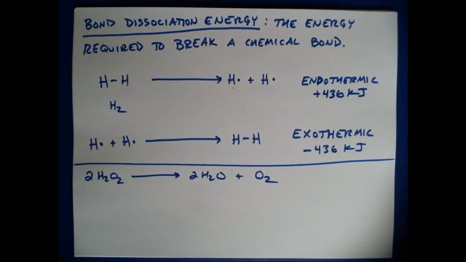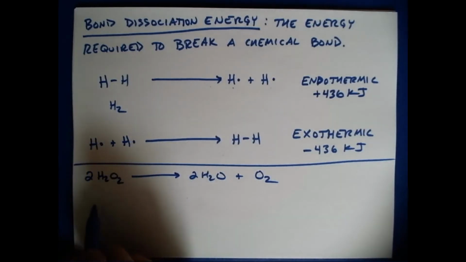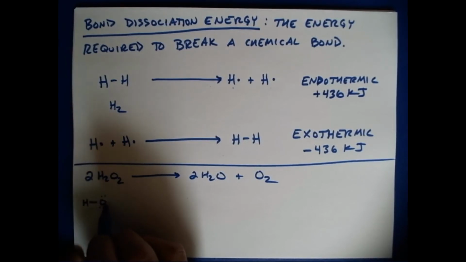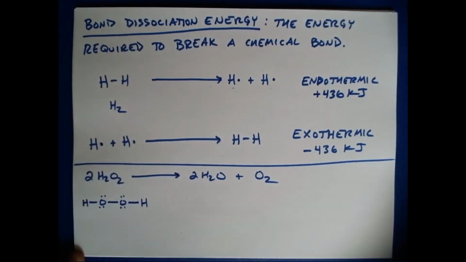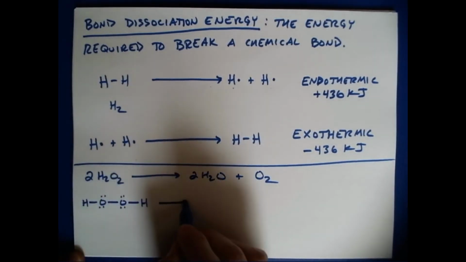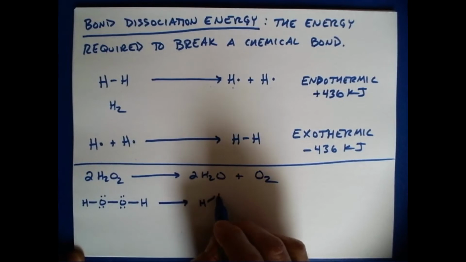Now to do this, we're going to first need to draw Lewis structures for all reactants and all products. So if you end up doing that for hydrogen peroxide, you end up getting a Lewis structure that looks like this for hydrogen peroxide. And then of course for water, you're going to get a Lewis structure that looks like this.